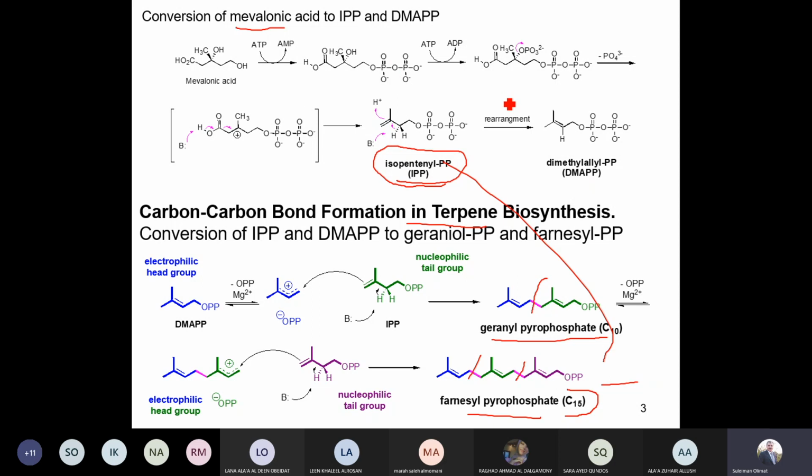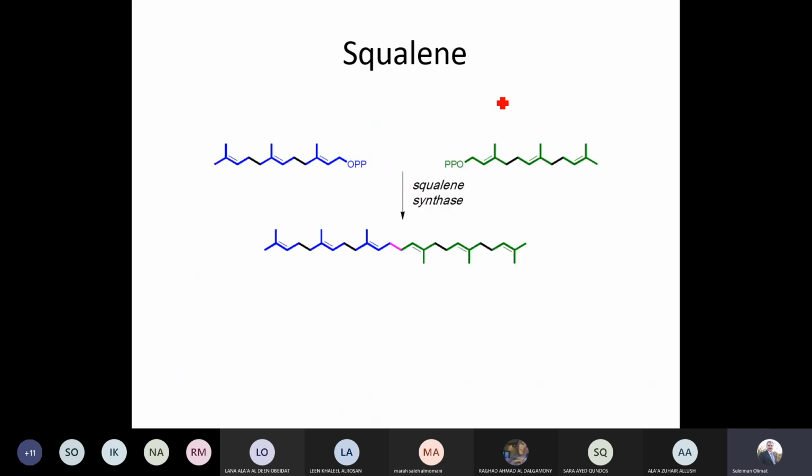So here what I want to say is that our saponins, whether we have triterpene saponins or steroid saponins, arise from the synthesis of two farnesyl molecules.